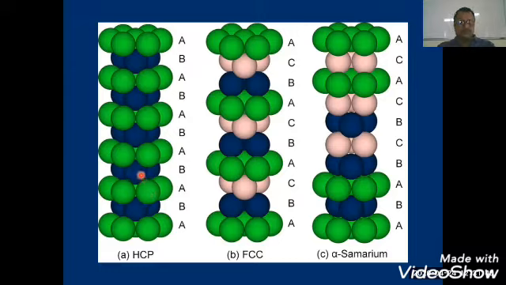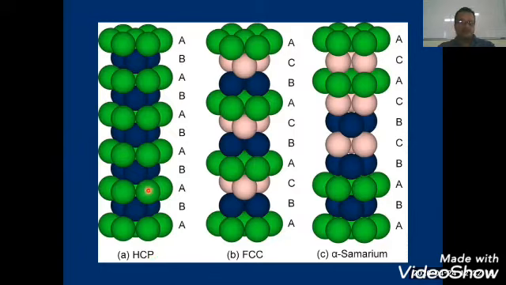So what you observe is that in this type of arrangement we get similar layers repeated alternately. This layer is similar to this layer, and in between these two similar layers we have a different layer. So we can call this arrangement AB, AB, AB, AB type. And this type of packing is called hexagonal close packing.